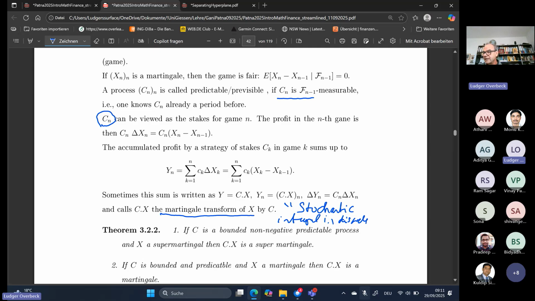So your gain, that's also, if you like, the gain from investing Cn in Xn, but at time n minus 1.